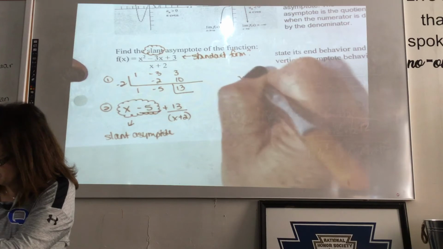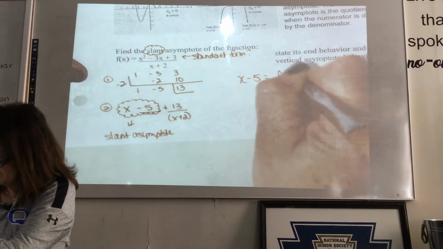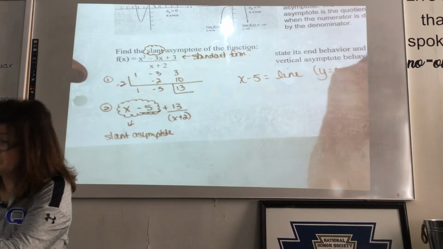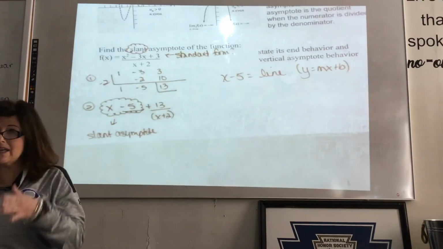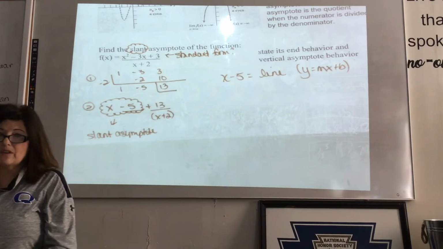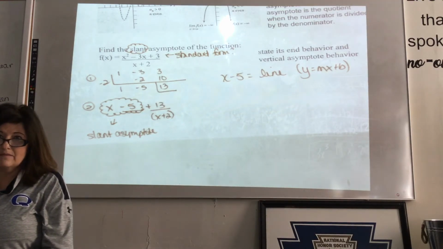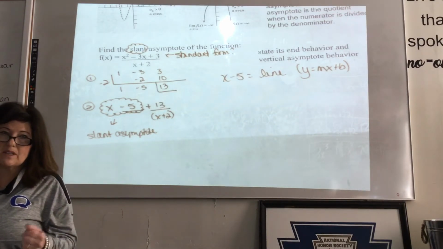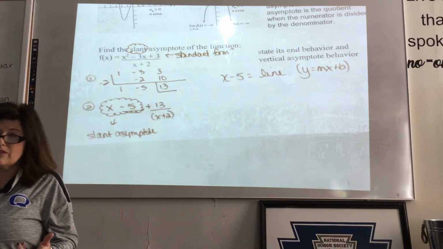So in essence, x minus 5 is a line, y equals mx plus b, because remember again, a horizontal asymptote had a linear equation, vertical asymptote, same thing. So a slant asymptote doesn't want to be left out of the party. It too is going to have a linear equation.